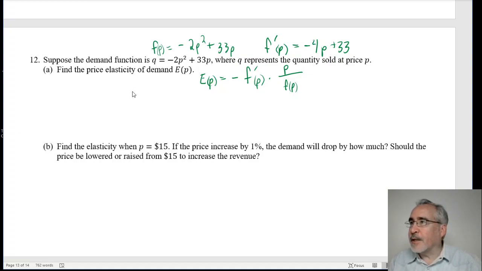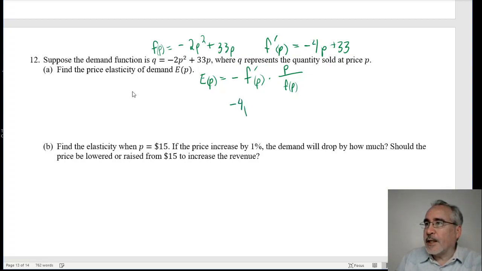So our derivative is here. So what we end up with, maybe I should put over here. Yeah, we'll be fine. I'll go minus 4p plus 33. That's the derivative. Times p, p is just p, over f of p, which is minus 2p squared plus 33p.